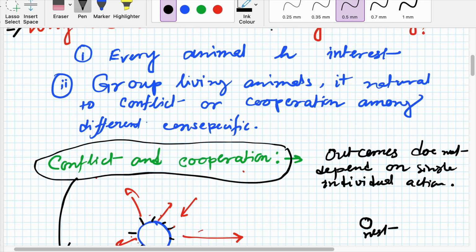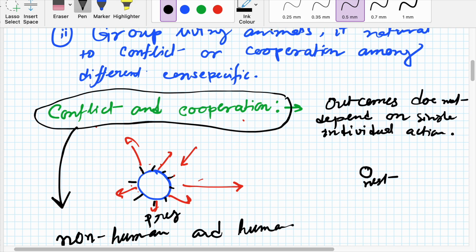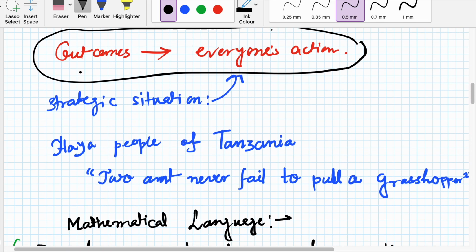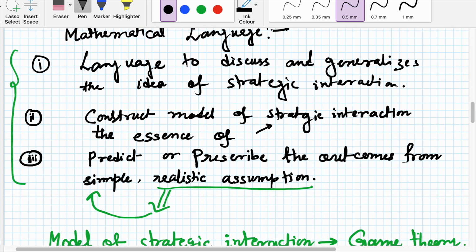And we have seen such examples everywhere in our life, from ants to human beings. And we have seen that there is a very useful, elegant mathematical tool by which we can capture this aspect of strategic interaction, that is game theory.